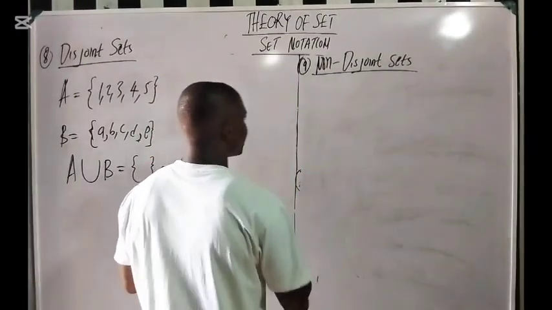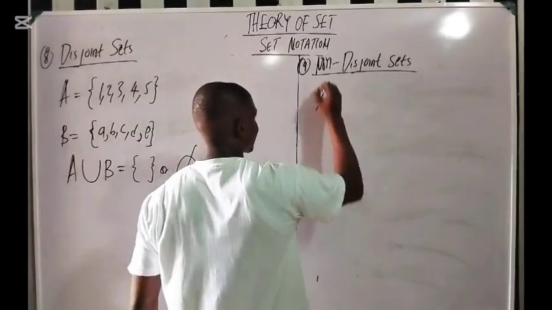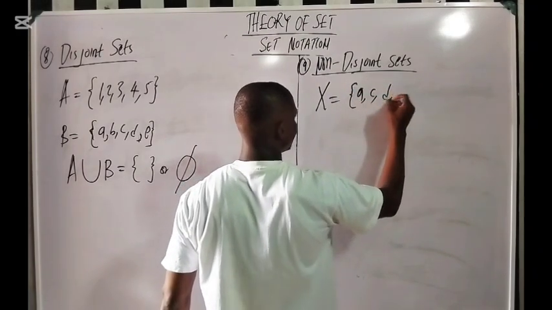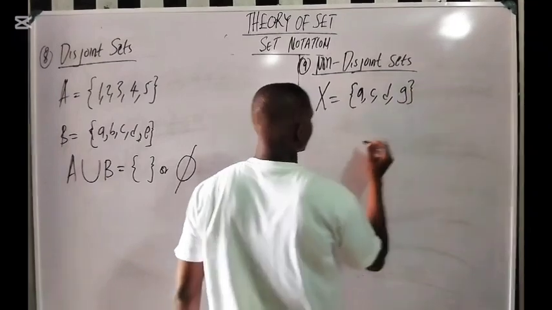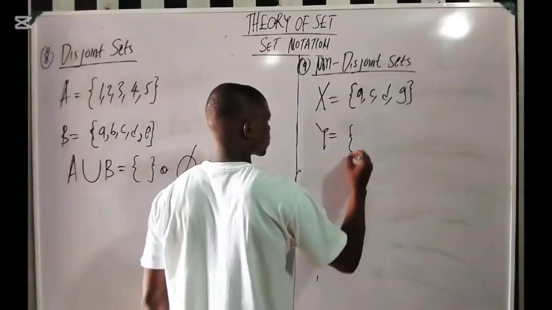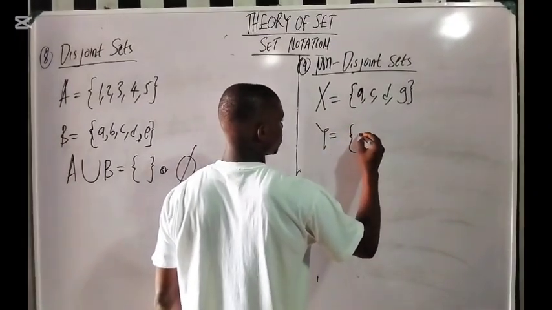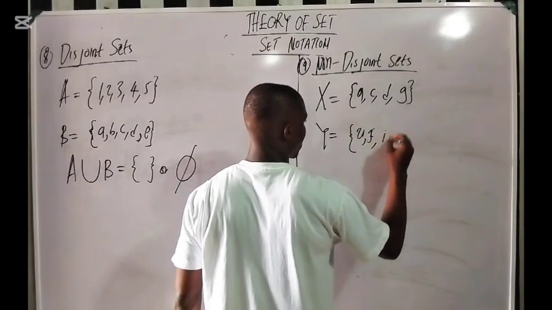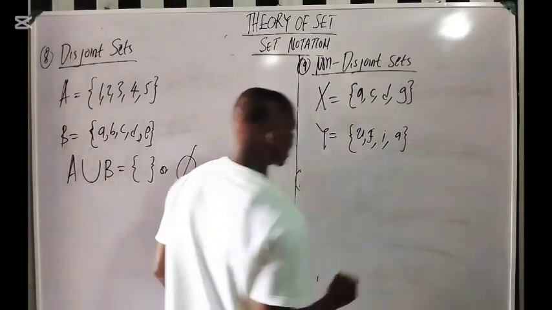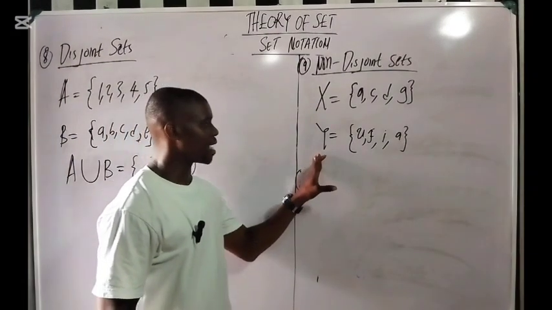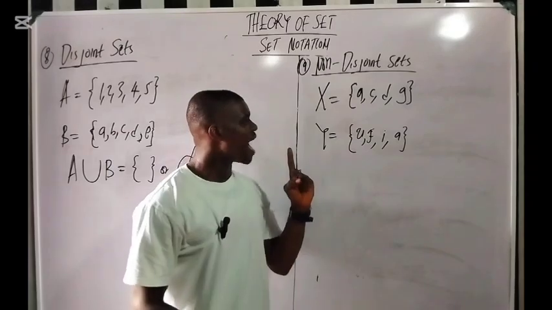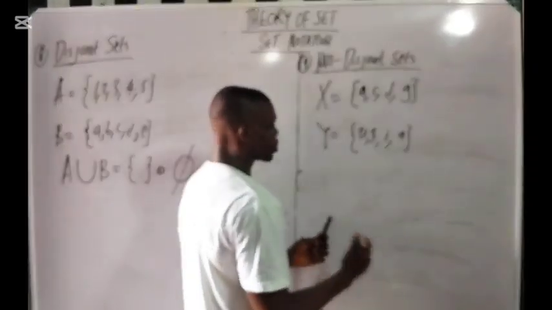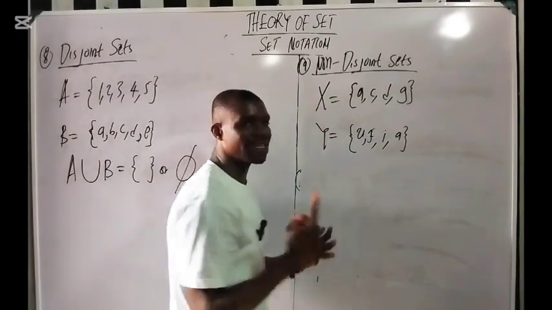For example, here we have X, which is A, C, D, G. Here we have Y equals to U, F, I, A. Now, if you check these sets here, you can see that X and Y have one element in common, A and A. Because they have A in common, they have at least one element in common.